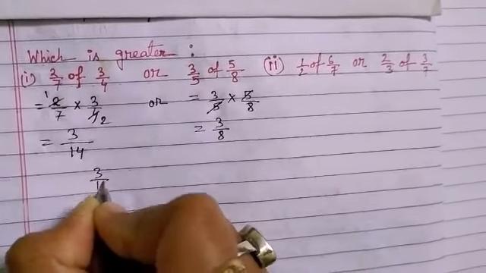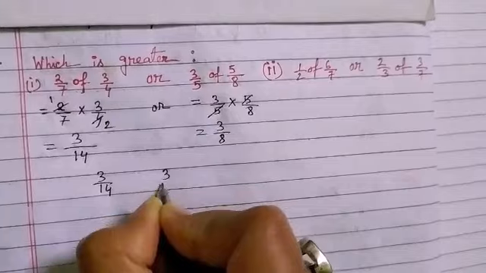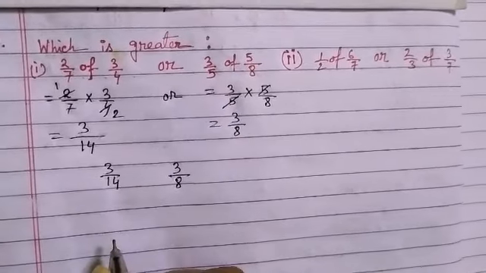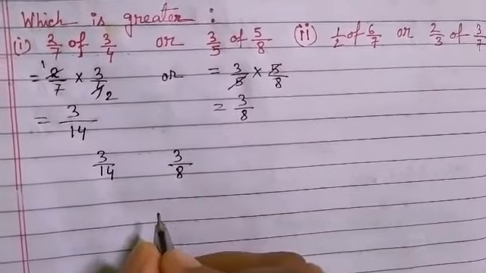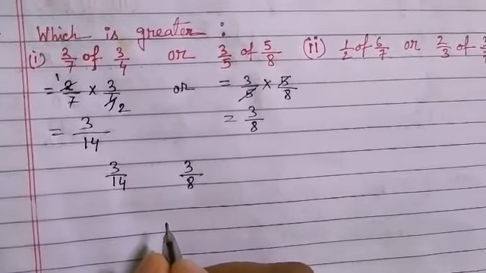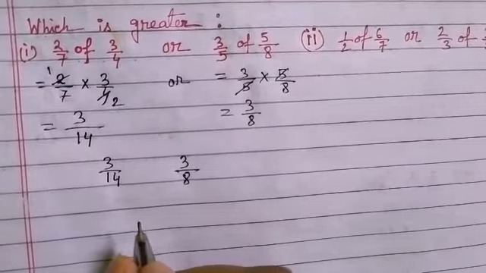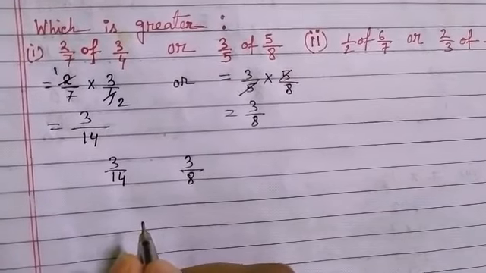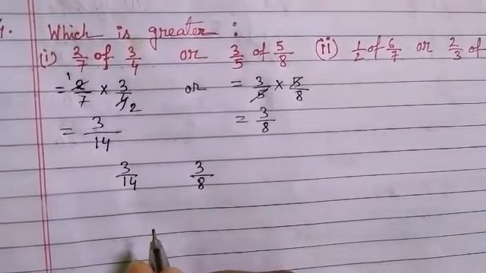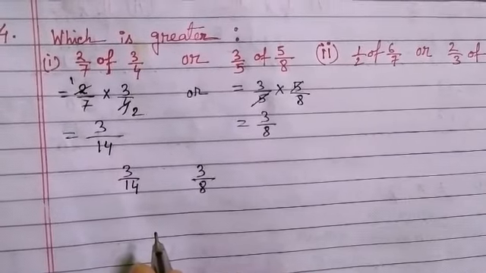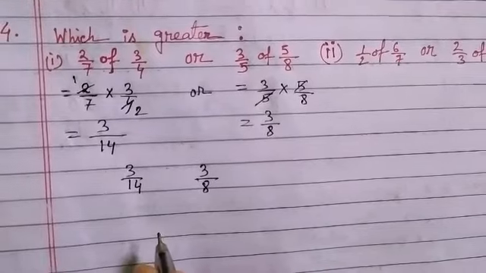Now 3 by 14 and 3 by 8. Which one is greater? We have to find out. In lower class we learned that if the denominators are same, then which numerator is lesser, that one is the lesser number, and which numerator is greater, that is the greater number.